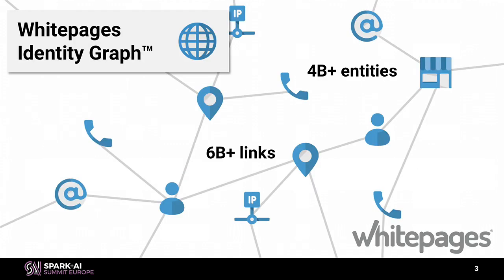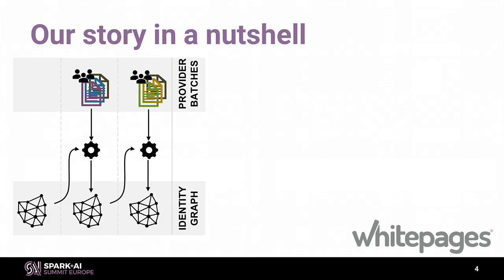I'm working at the data ingestion team at Whitepages. We have this big graph database of over 4 billion entities and 6 billion links between them. At the data ingestion team, we maintain the pipeline that ingests our upstream identity providers' data into our graph database.